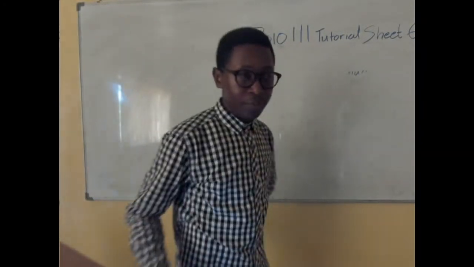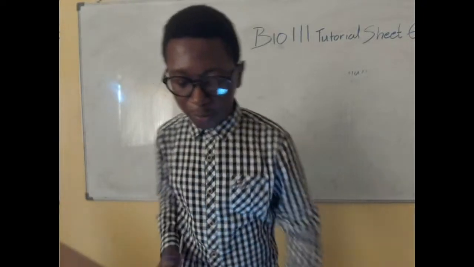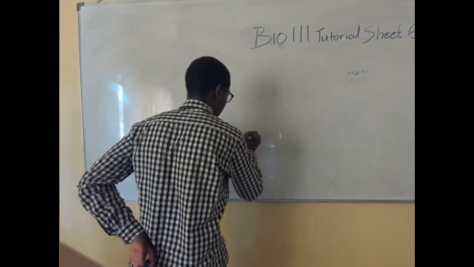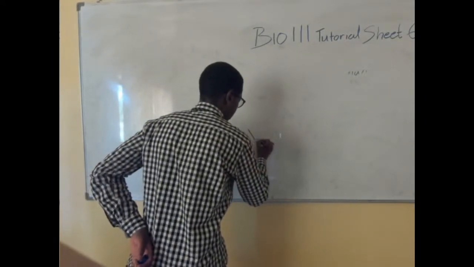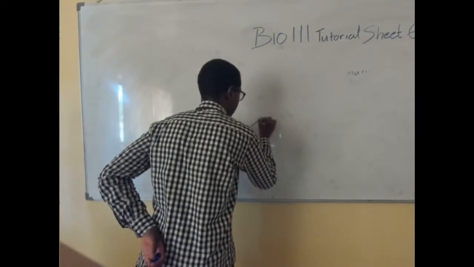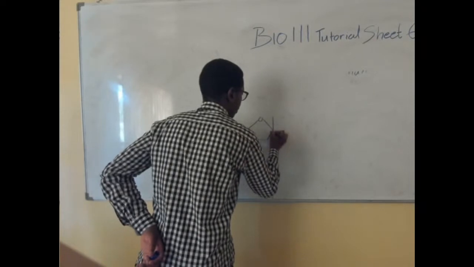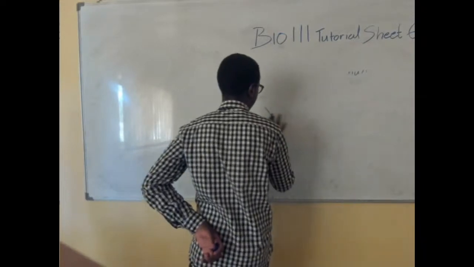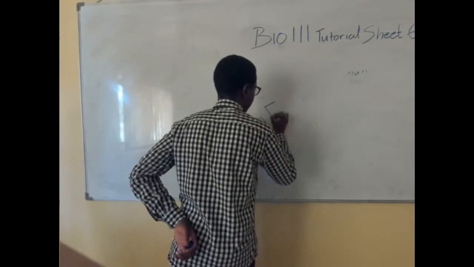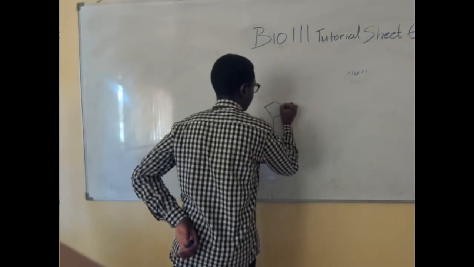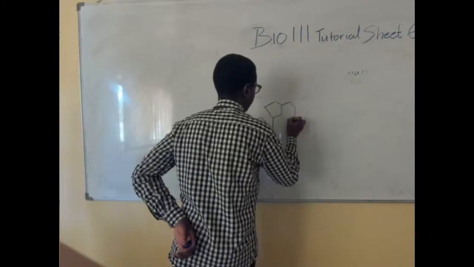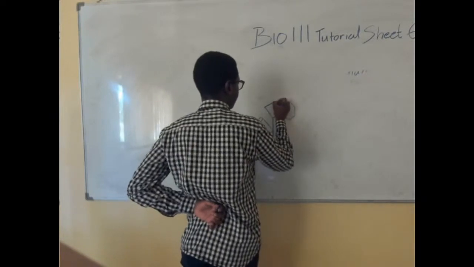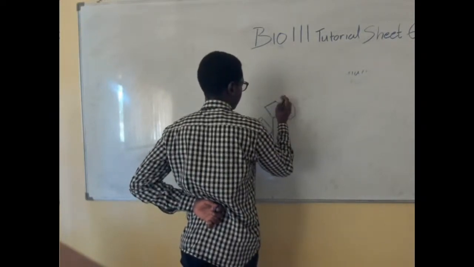To illustrate this, we'll have 2 nucleotides. We know each nucleotide has a pentose sugar joined to a nitrogenous base. We use this to represent a base. Let's say this is adenine.